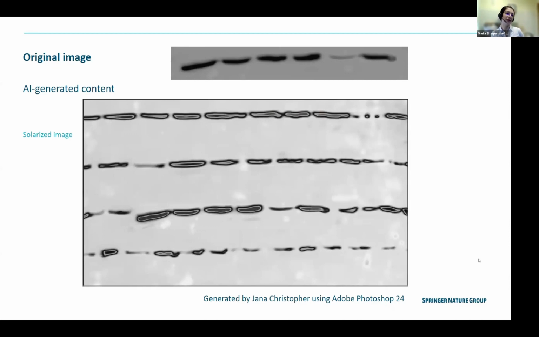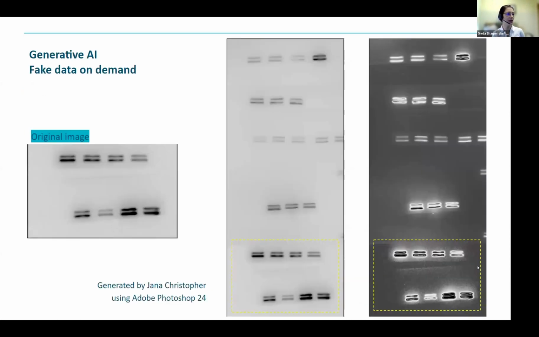But again, a less experienced person or someone just quickly skimming through the data would not be able to notice this. And again, same here. They look like blots, and this will be a problem.